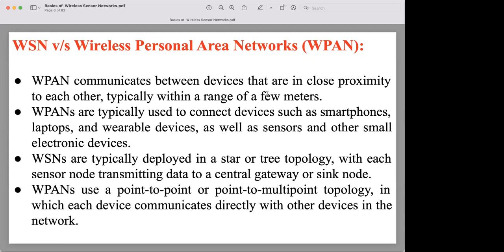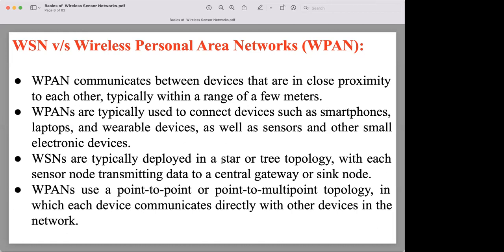So the range is a few meters, and these devices are very close to each other to communicate, such as smartphone, laptop, wearable devices, smartwatch, all these gadgets. They can make a WPAN network so that they can make security, they can be energy efficient, and they can cause less interference with others. All these things come into the picture. This is the main advantage of WPAN as compared to WSN, wireless sensor network.